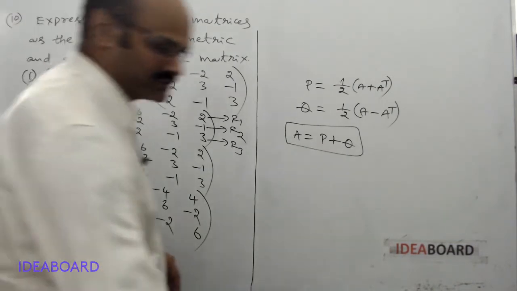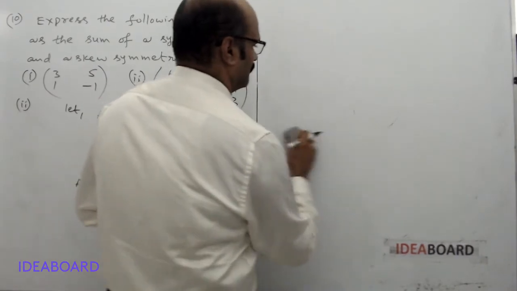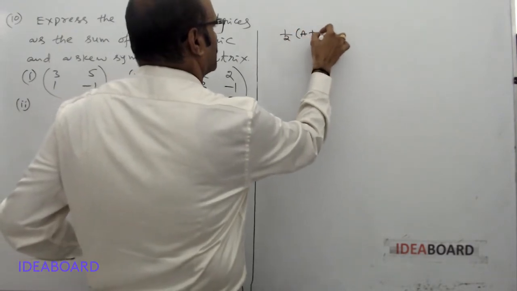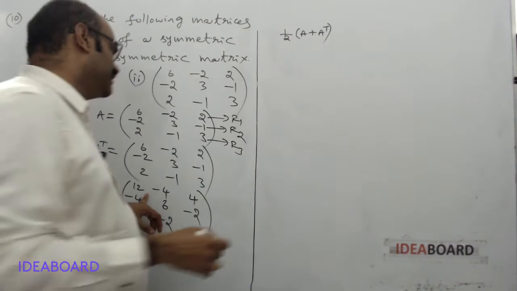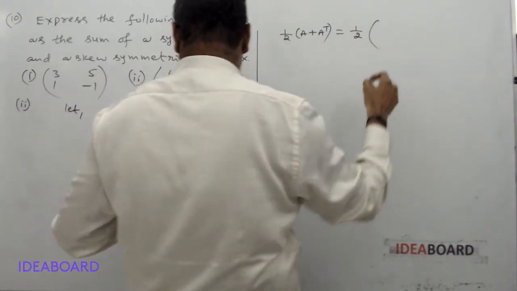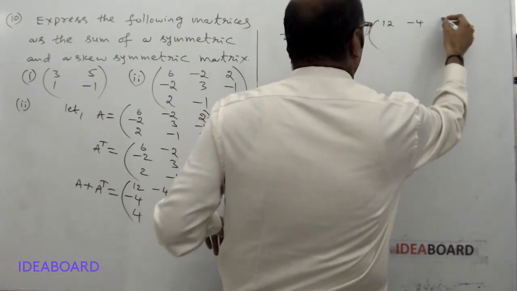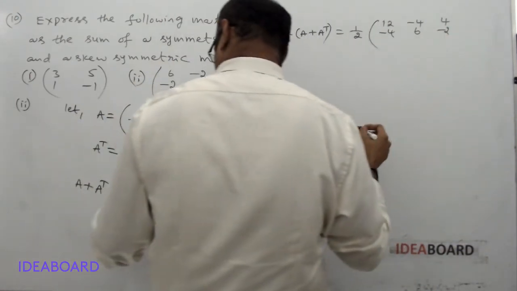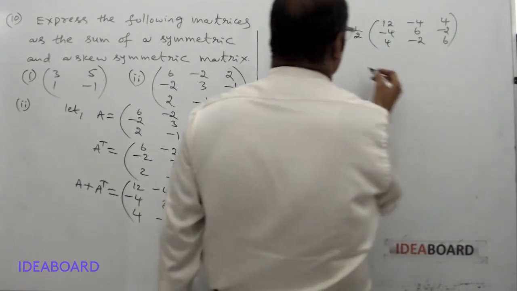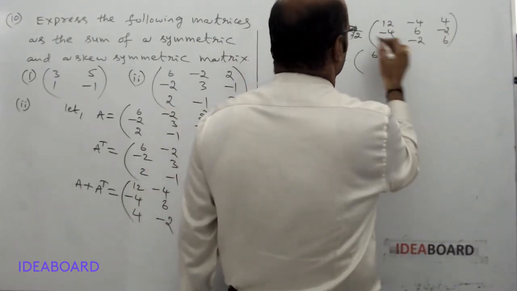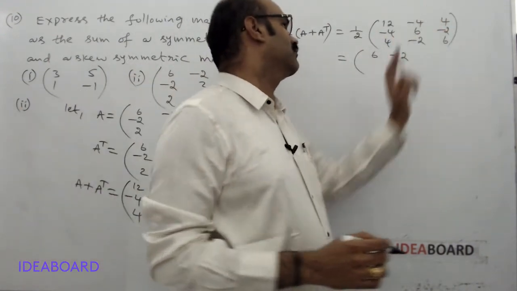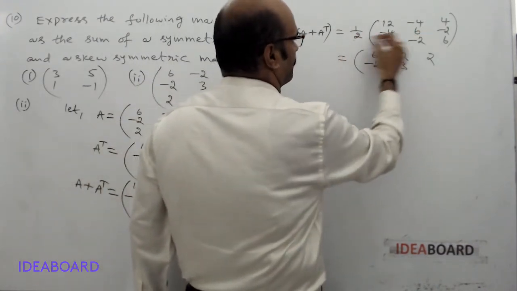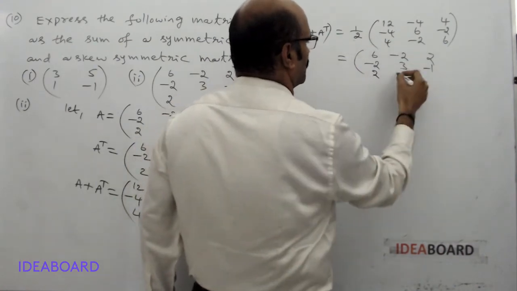Half into A plus A transpose equal to half into that matrix, which equals 6, minus 2, 2, minus 2, 3, minus 1, 2, minus 1, 3, after multiplying each element by 1 by 2.